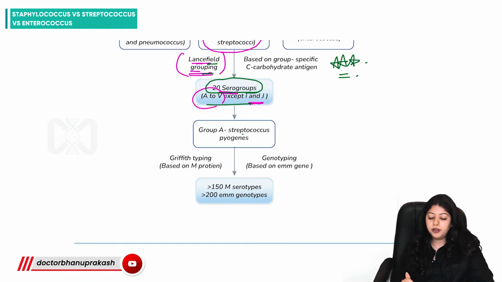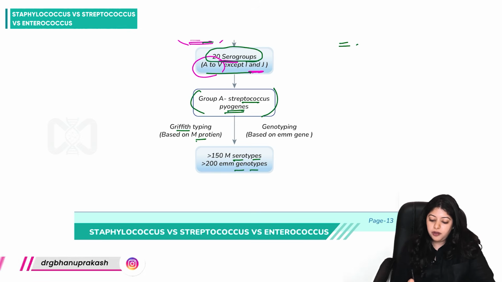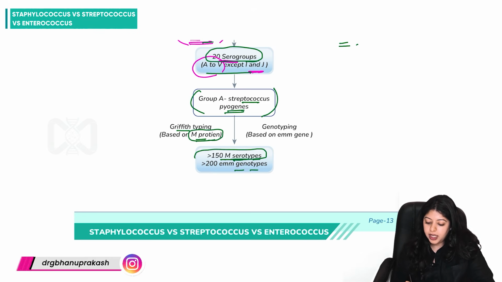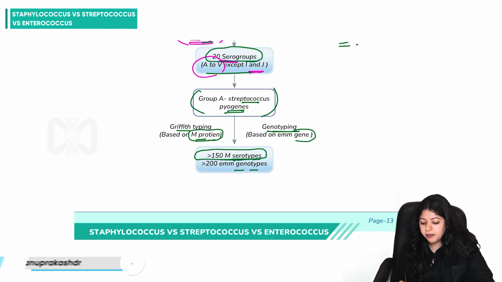Group A being the first, which is Streptococcus pyogenes, which is further serotyped or genotyped. Griffith typing based on M protein is done into more than 150 M serotypes, and genotyping is based on a gene, the M gene.